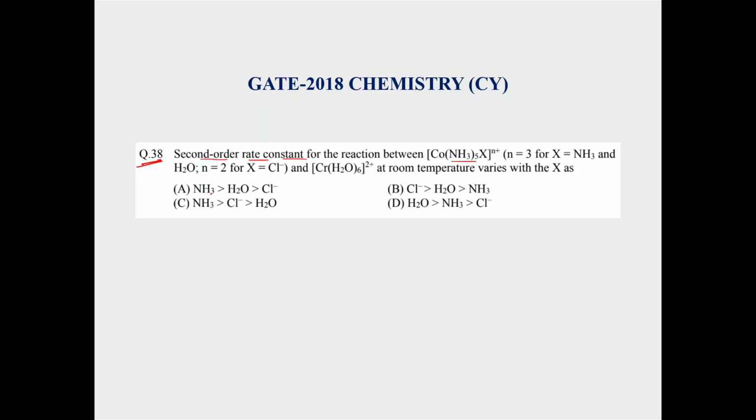Three ligands are given: X is NH3, Cl minus or H2O, and we have to find the order of the second order rate constant for this reaction.